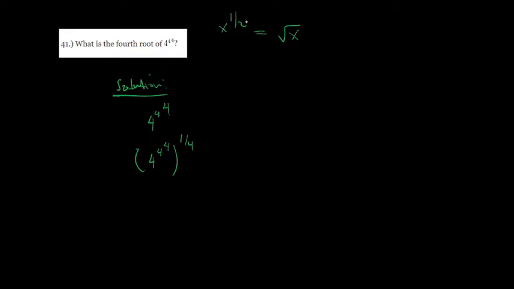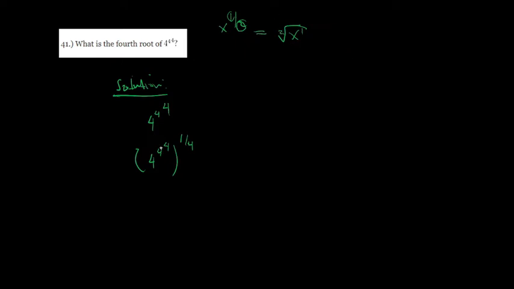So the denominator of the exponent is the index of your radical expression. If there is no index written, it is assumed to be 2, so we can erase it.